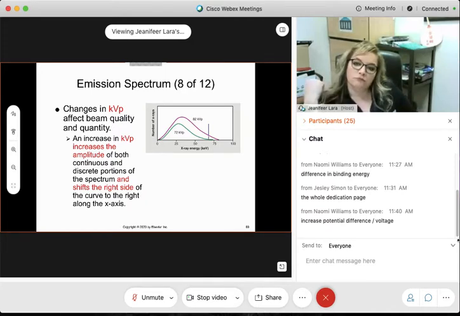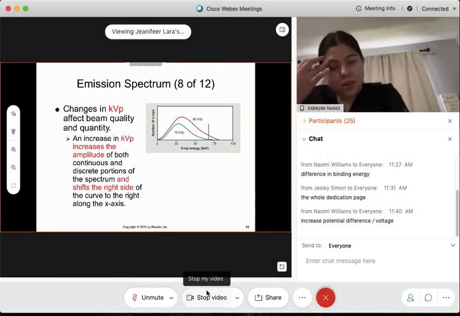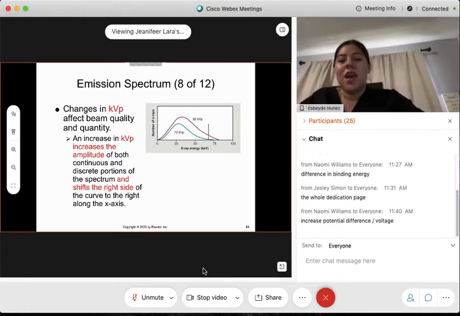I'm sorry, I'm totally understanding. So the higher kVp, like the higher the, I'm not really understanding this part. Okay, let me put it this way. What part of energy do you not understand? I guess I'm a little confused.